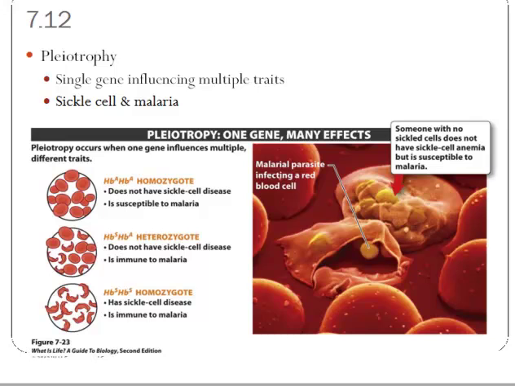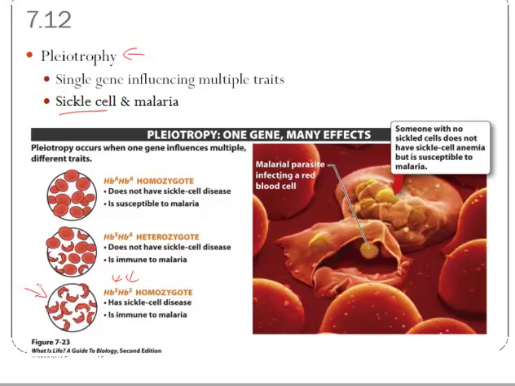Also, there's pleiotropy, and pleiotropy is where one single gene has an effect on multiple traits or characteristics. An example of that is sickle cell anemia. If you have sickle cell anemia, you get two copies of a defective blood type gene, and your blood cells look sickle-shaped.